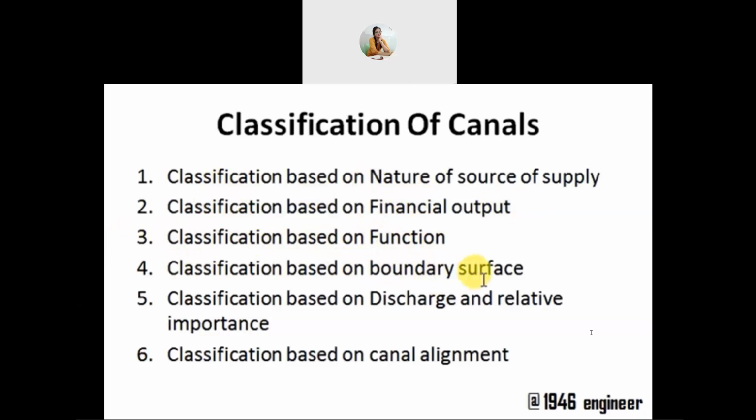Classification based on boundary and surface. Classification based on discharge and relative importance of the canals. And last, we have classification based on canal alignment. These are the 6 types of classifications of canals. We are going to discuss each and every one individually.